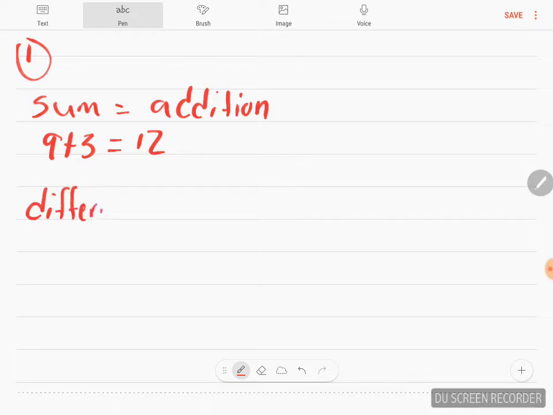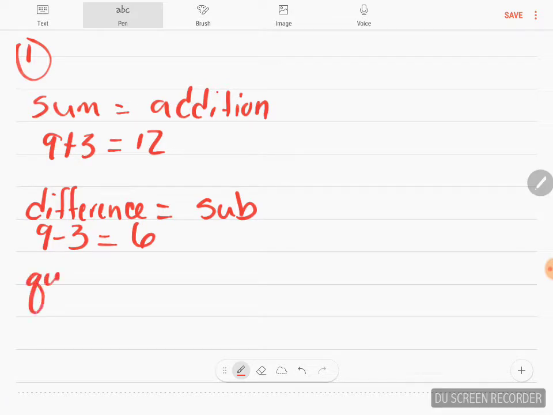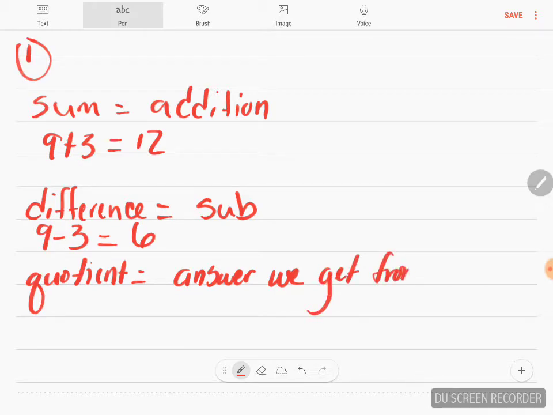Difference means subtraction. So the difference of 9 and 3 is 6. What is the quotient? Quotient is the answer we get from a division problem.